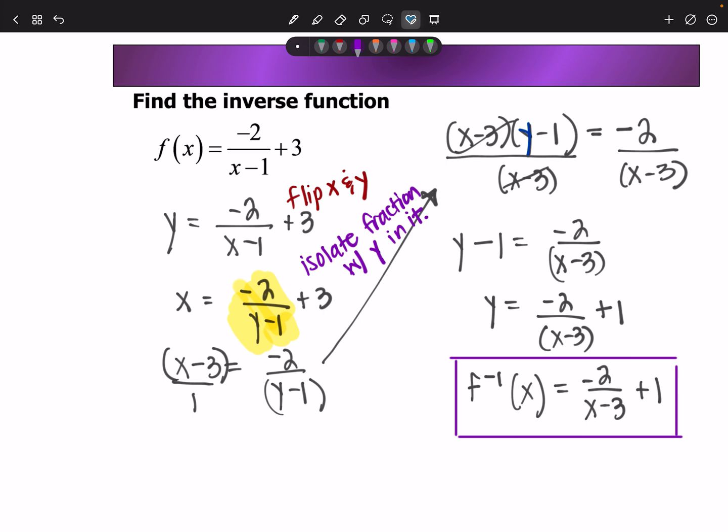Which means I needed to subtract 3 from both sides. So that would have been subtract 3, subtract 3. And then I have this fraction that has y in it all by itself. And then over here, we cross multiplied, and divided by what?